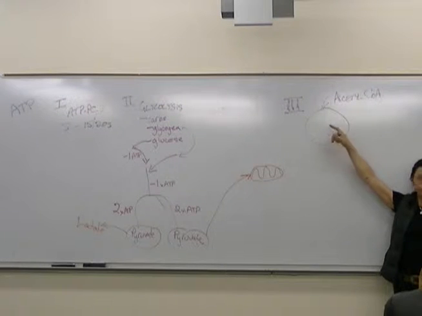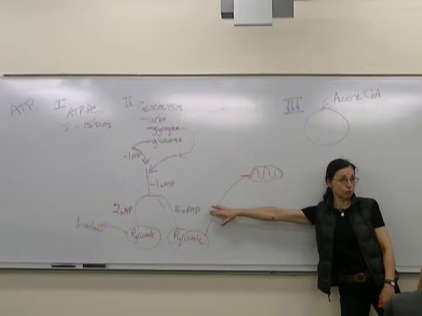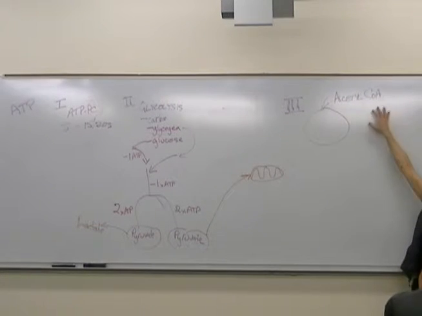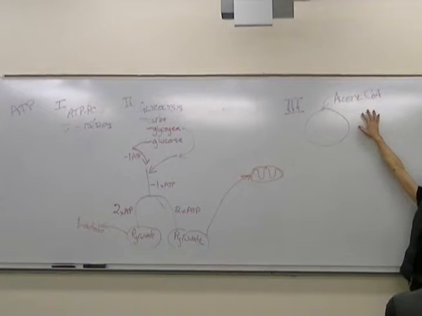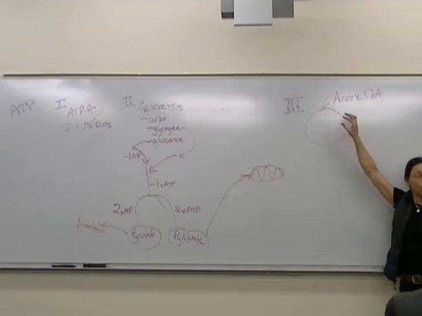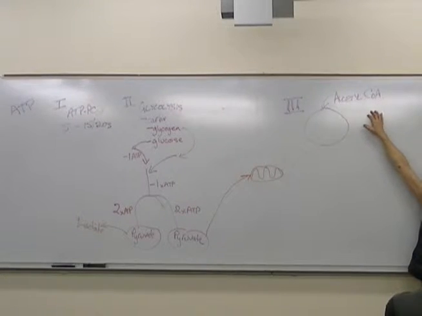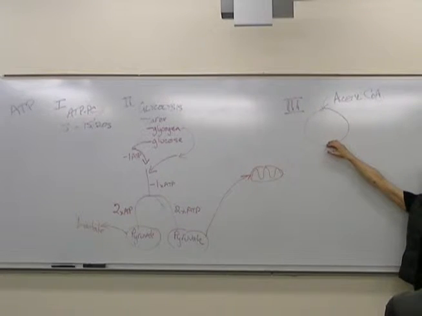So I can use carbohydrate the normal way, or I can break down a fat molecule and use it. I can also break down a protein molecule and get acetyl-CoA and use protein to feed Krebs cycle, but we don't do it very often.